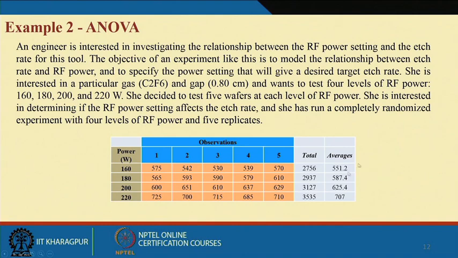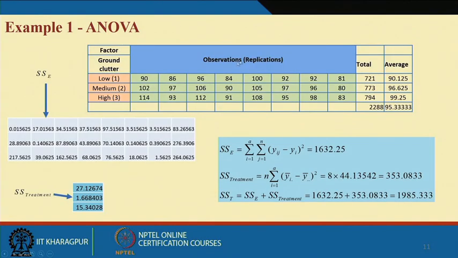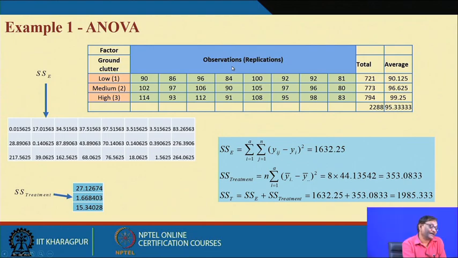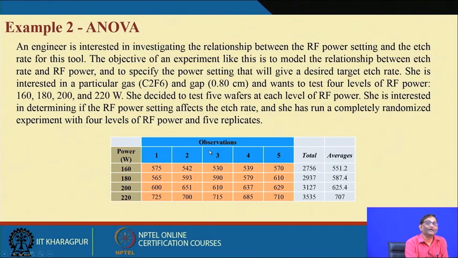The second one is like this. This is the first example that I have given you, from the first class onwards. This is the second example. An engineer is interested in investigating the relationship between RF power setting and etch rate for this tool.